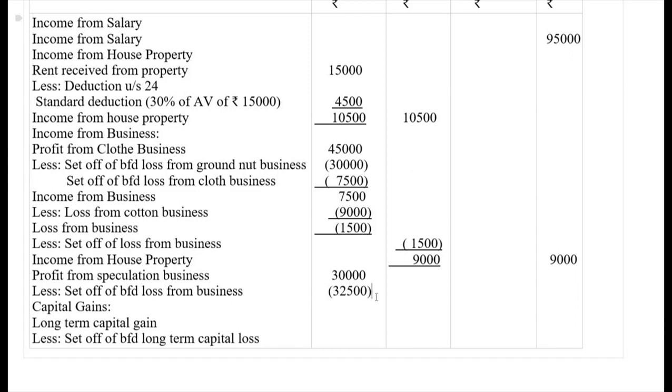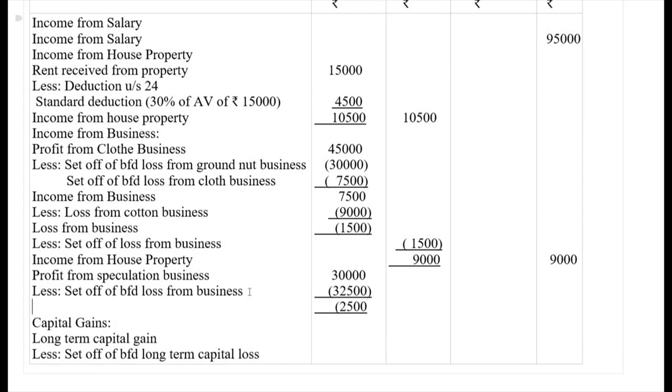So there is still 2,500 loss that will be remaining. So 2,500. This is loss from speculation business, which will be carried forward to the next assessment year.